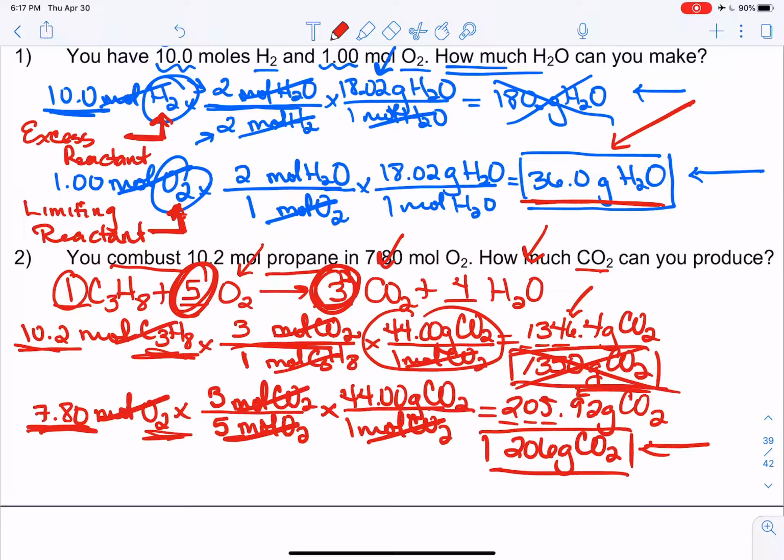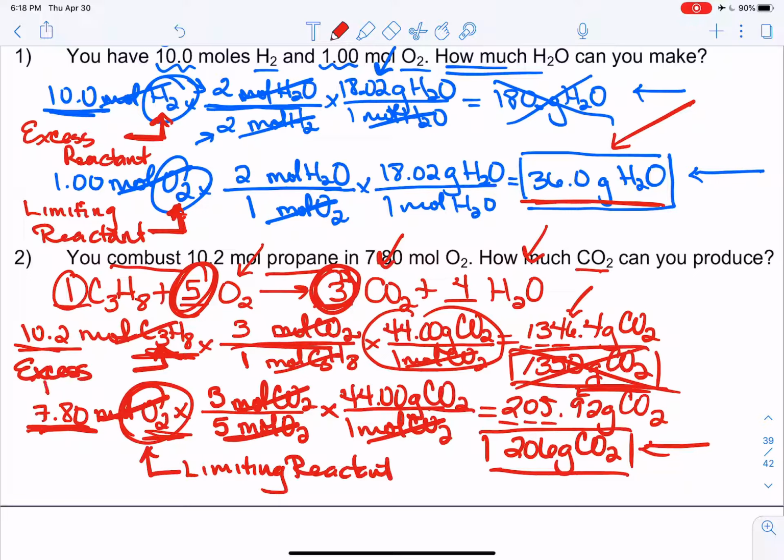So that means that oxygen, that's going to be your what? That's your limiting reactant. And that means that propane is what? That's in excess, or that's your excess reactant.